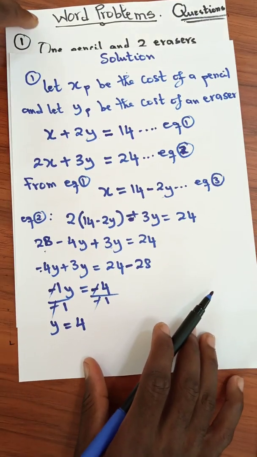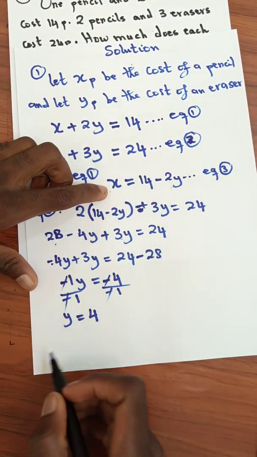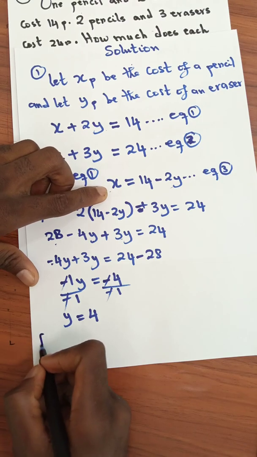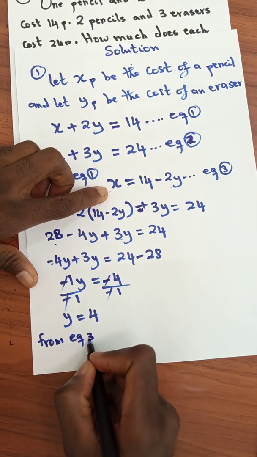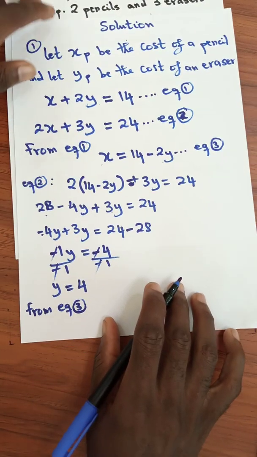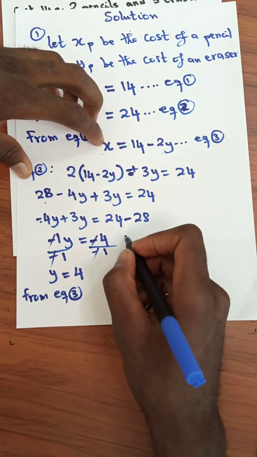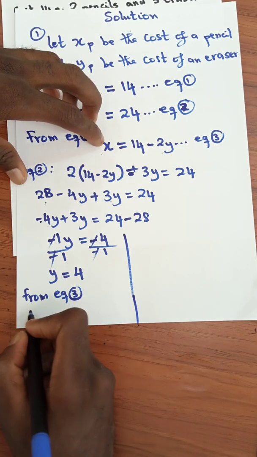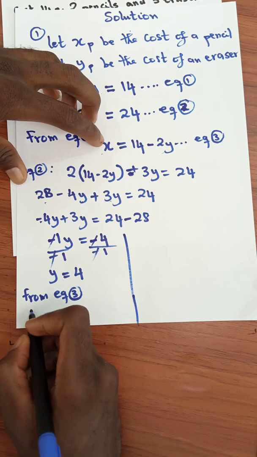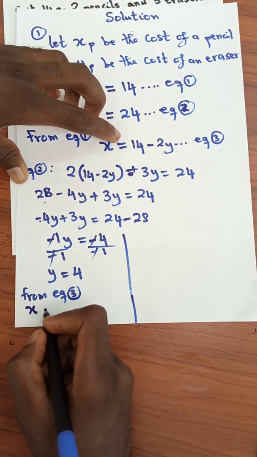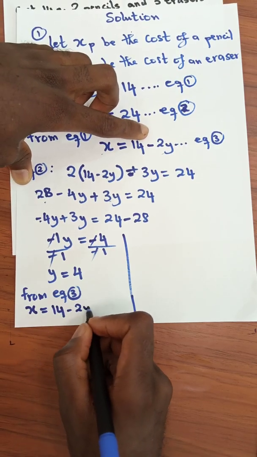So how do we get the x? The reason why I said we should make this equation 3, from equation 3, we have x is equal to 14 minus 2y.